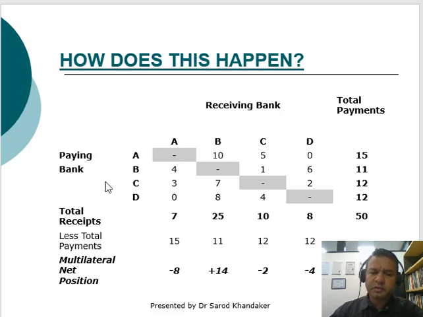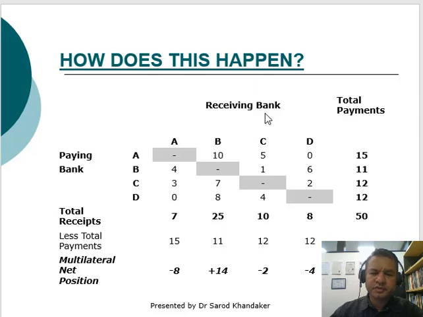The same way, on the left hand side are the paying banks. Bank A will pay Bank B $10, Bank C $5, and Bank D $0. Bank B will pay Bank A $4, C $1, and D $6. If you do the total payment calculation, you will find Bank A needs to pay $15, Bank B needs to pay $11, Bank C needs to pay $12, and Bank D needs to pay $12.